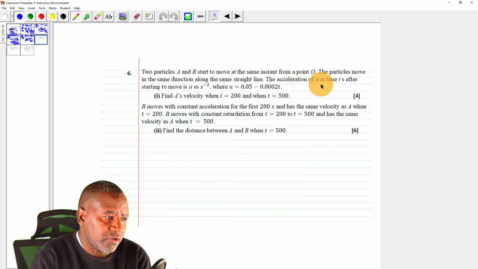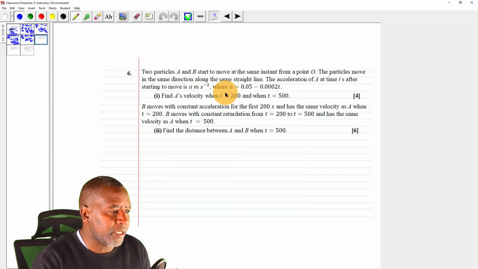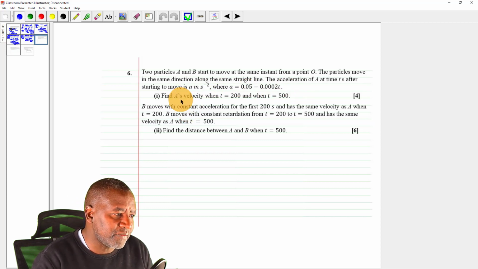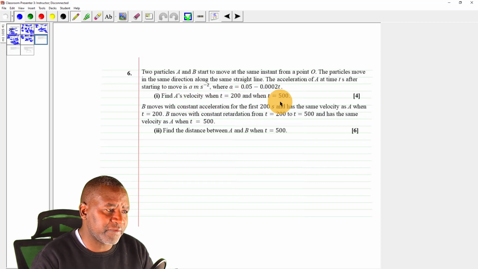The acceleration of A at time t seconds after starting to move is a meters per second squared, where a is a function of time. We are required to find A's velocity when t is 200 and when t is 500.